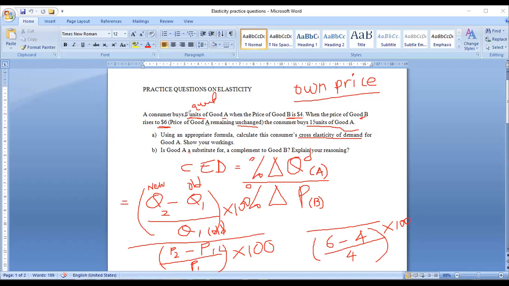It begins with 8 units, which is the old, and the new is 15 units of good A. So it will be 15 new minus original, which is 8, over the original, which is 8, times 100. So you work out that.